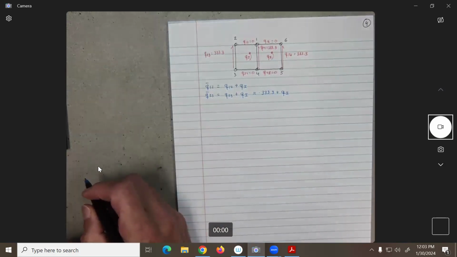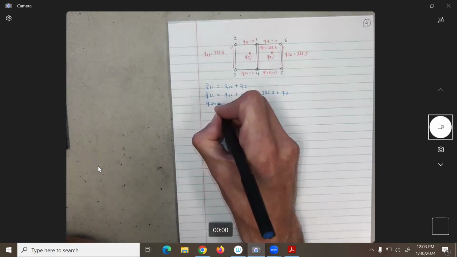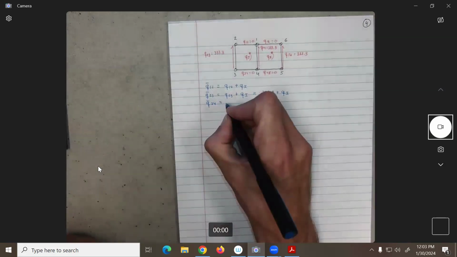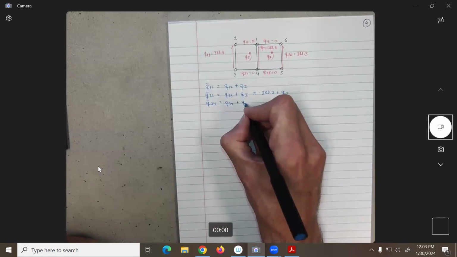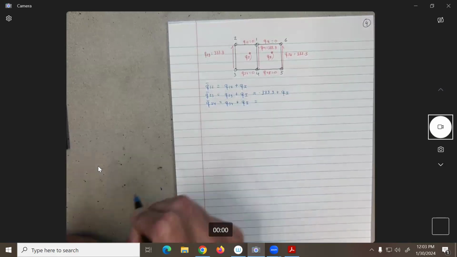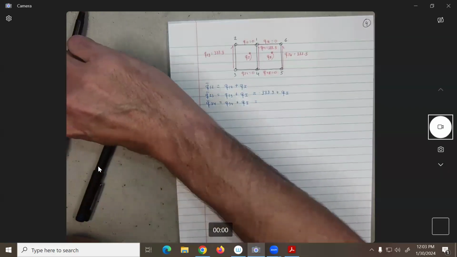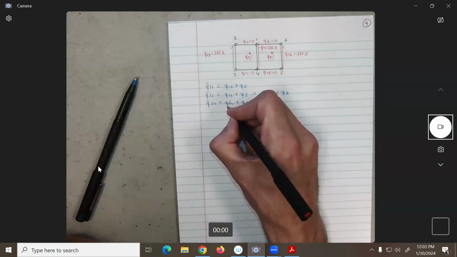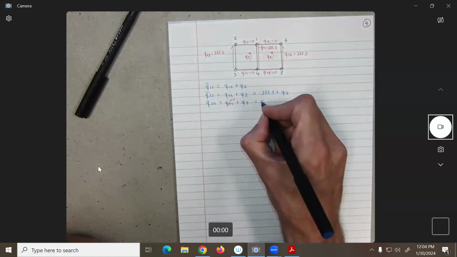Correct? Yeah? Now Q bar 34 should be equal to Q34 plus Q1. Q34 is 0, so this should be equal to Q1.